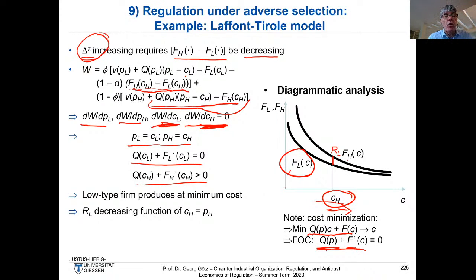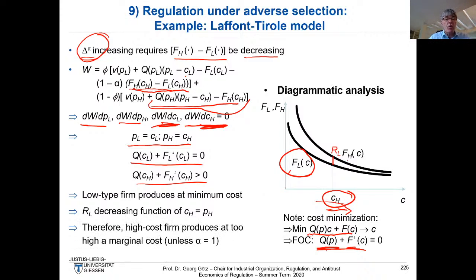You have a higher CH, and that means you no longer produce cost minimizing if you are in a high state. Therefore the high cost type produces at too high a marginal cost. Of course, always unless alpha is equal to 1, as we are then not considering the rent. Okay, again, this only will become clear once you look into the details, into the assignment we have here.